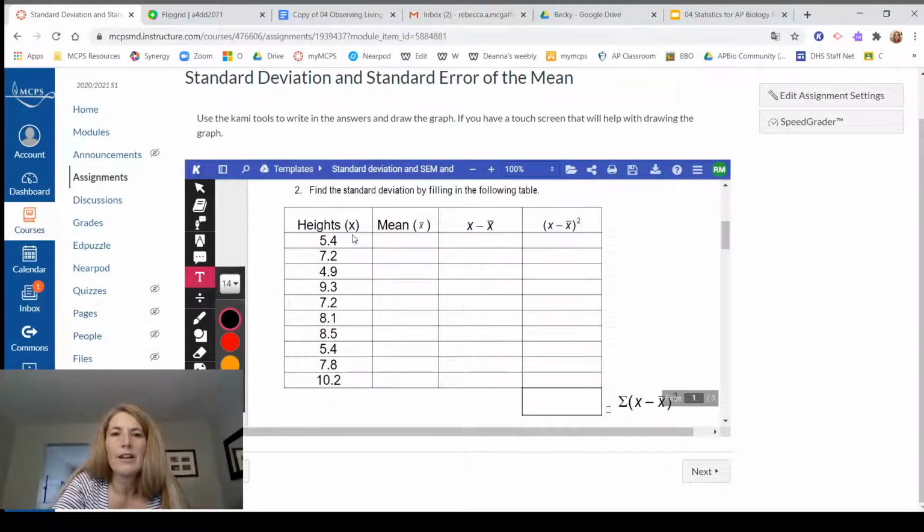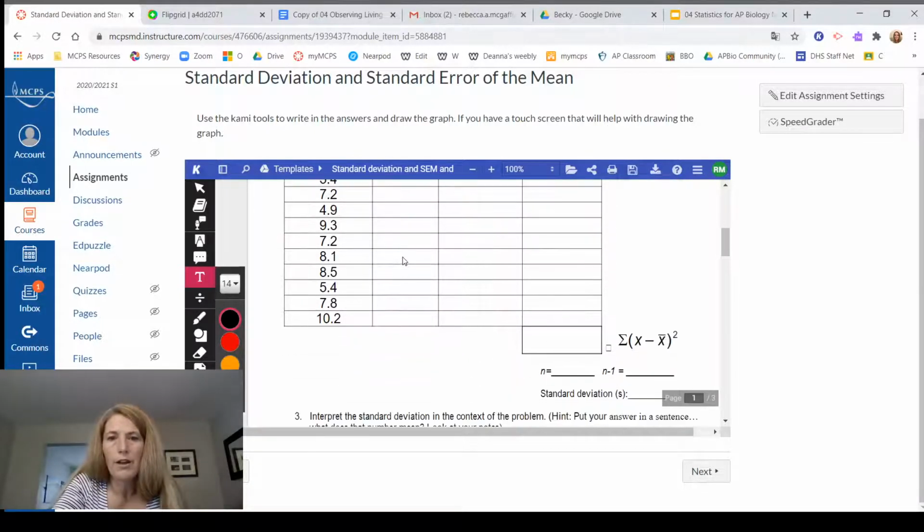The mean is the average of the whole group, and the range is from the smallest to the largest. What was confusing kids here? Here I have data. I need an average. Write the same number in all of these columns, then subtract this. 5.4 minus the average gives me this, and then square this, and that gives me this one. So do that for all. So 7.2 minus the average, whatever this average is, it's 7.2 minus that, then square it. Add up all of the squared values.